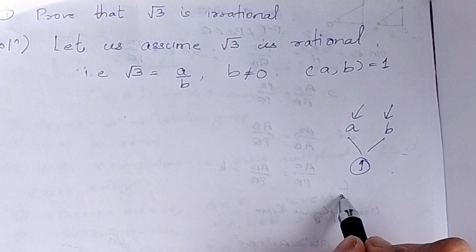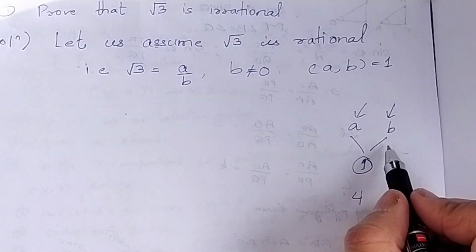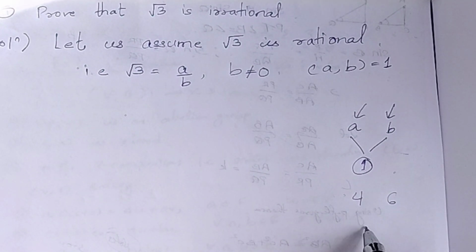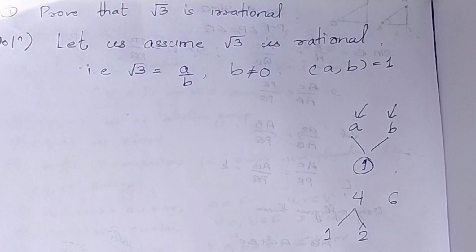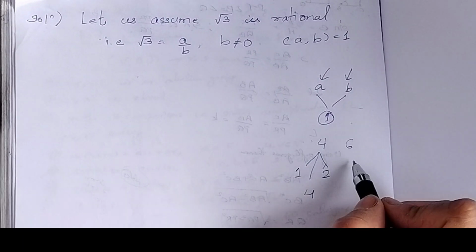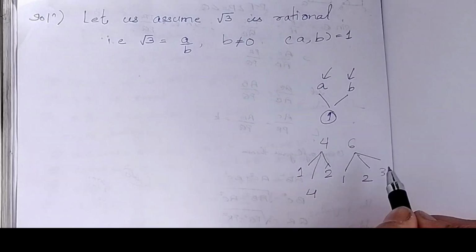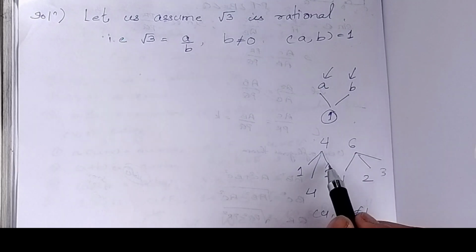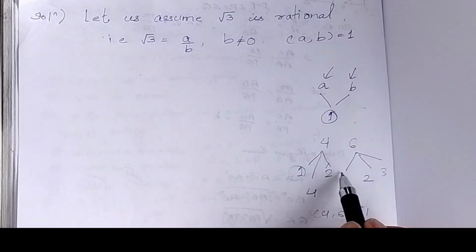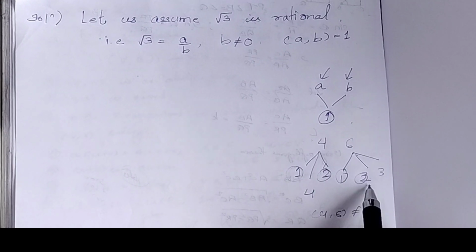For example, suppose a is 4 and b is 6. The factors of 4 are 1, 2 and 4 itself, and the factors of 6 are 1, 2 and 3. So here these are not co-primes. 4 and 6 are not co-primes because the common factors are 1 and also 2. So this is not the condition of co-prime.